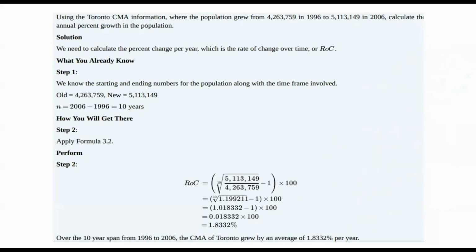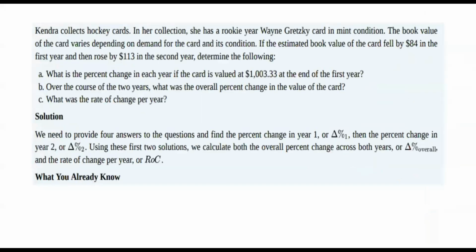Well, I want to go to a little more difficult problem that involves rate of change. This one, you're asking for a lot of things here. It sounds like a girl, Kendra, who is collecting hockey cards, the cards of Wayne Gretzky.